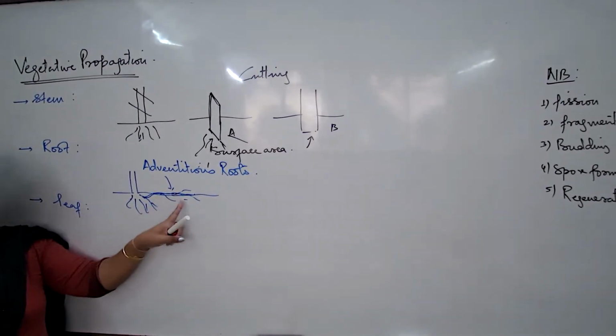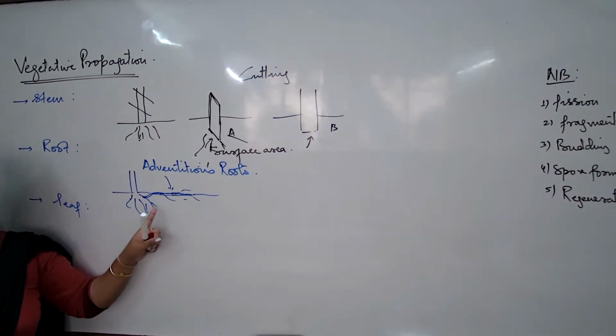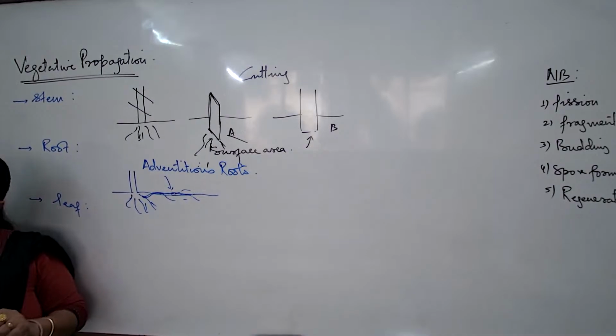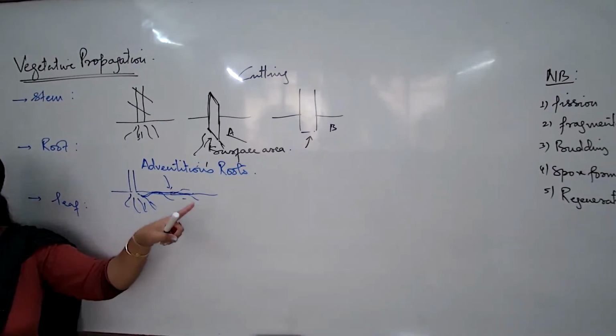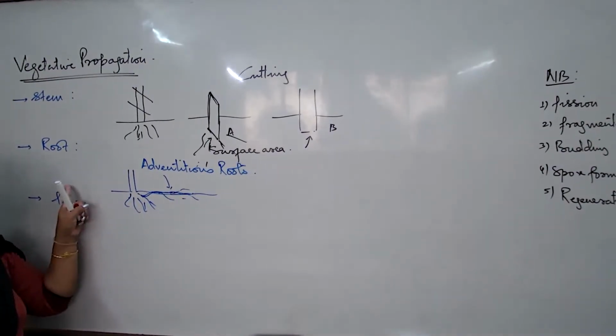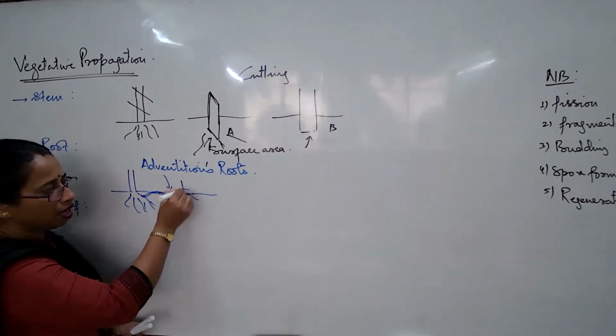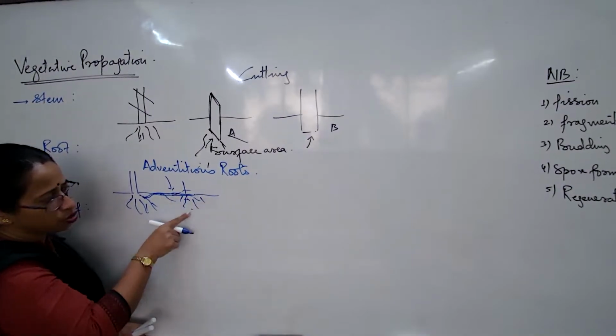How would these roots give rise to a new plant? Because these roots, a number of times, start moving upwards and spread over the soil in all directions. And now from these nodes, what would happen? A large number of secondary roots develop.